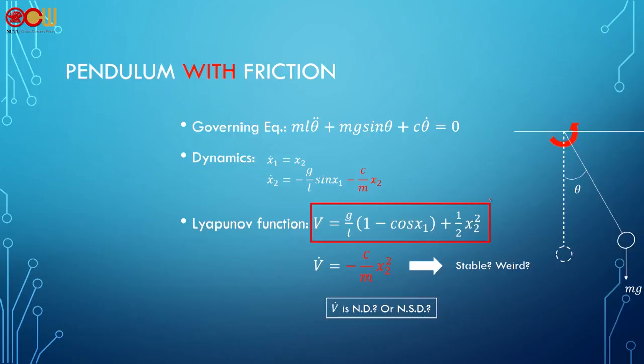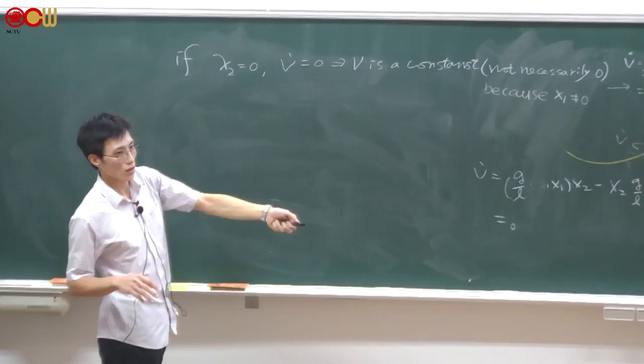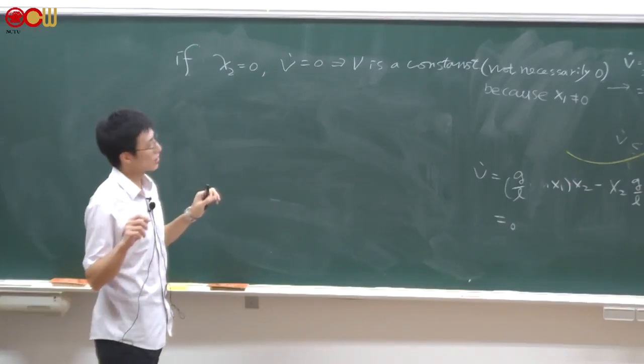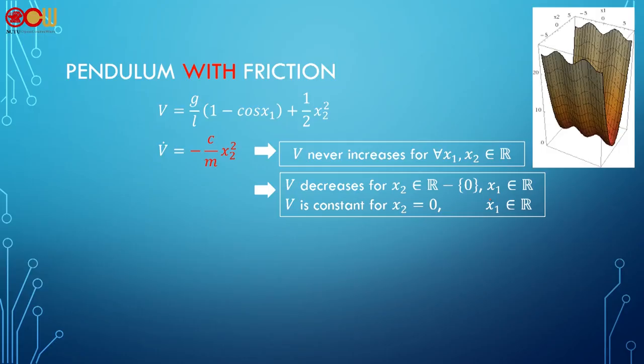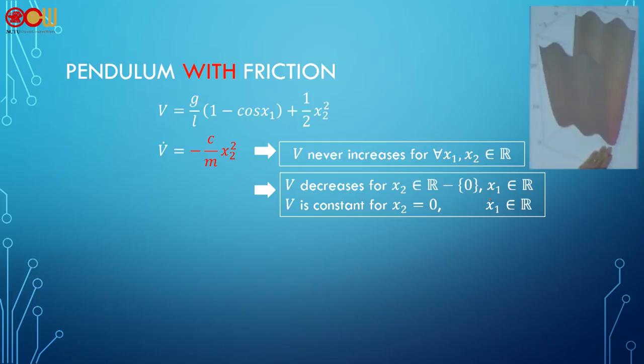And V is a function of x1. If x1 is not 0, V will not be 0. So don't confuse that if V dot is 0, V is 0. No, not really. That's because of the selection of V. At the bottom here, this is x2, this is x1.